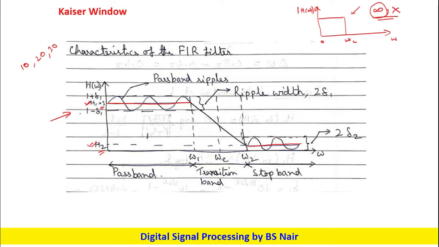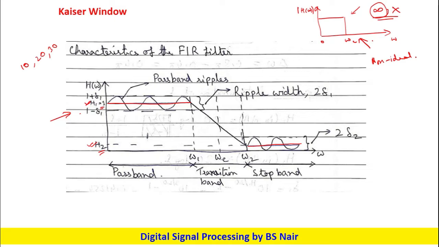So over there, you are limiting the number of sinusoids. Now there will be a non-ideality in this amplitude response, right? So it will not be ideal in nature, it would be non-ideal in nature.